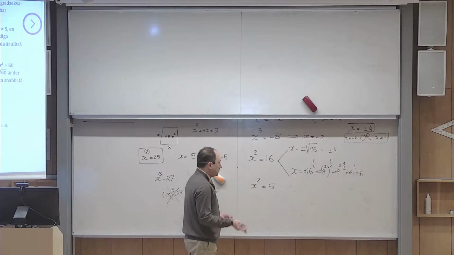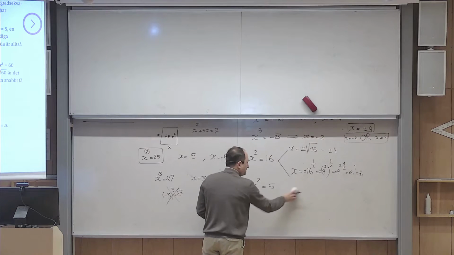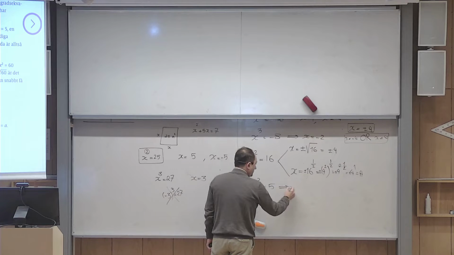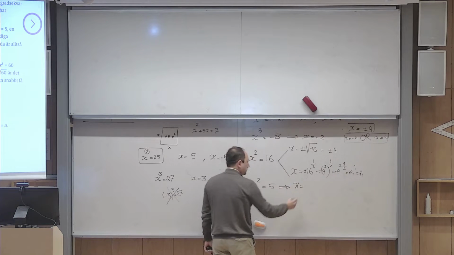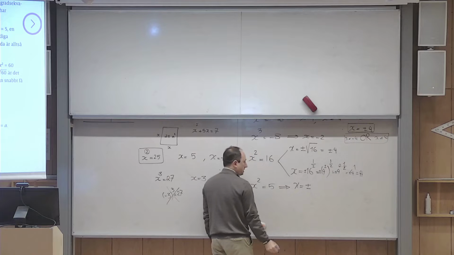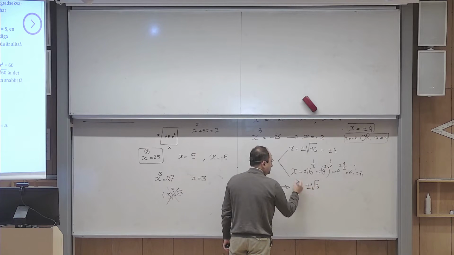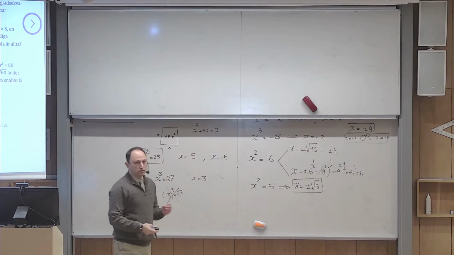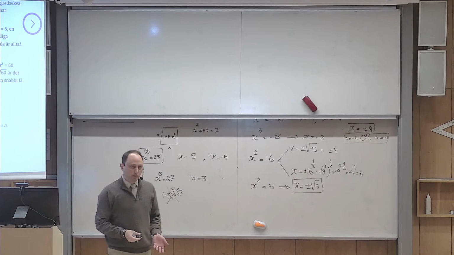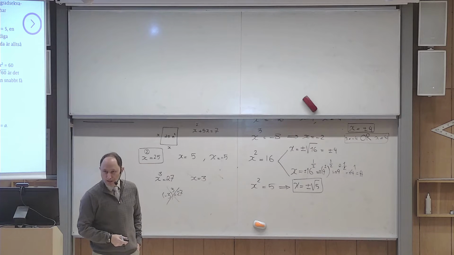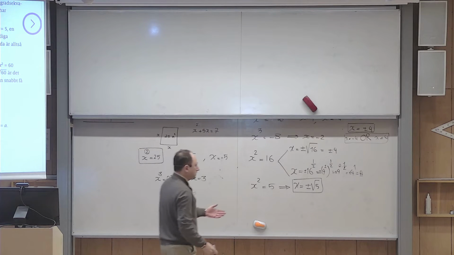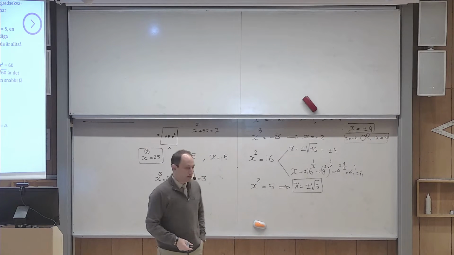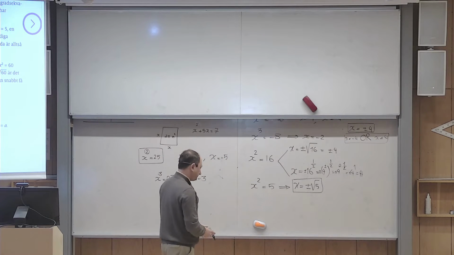But this is not a number that I can know by heart, so symbolically I would write x is equal to plus or minus the square root of 5, end of the story. But if I ask you to answer to 2 decimal points or 3 decimal points, then I allow you to use the calculator, and you put that number in the calculator and choose 2 or 3 decimal points. That is just the end of the problem here.